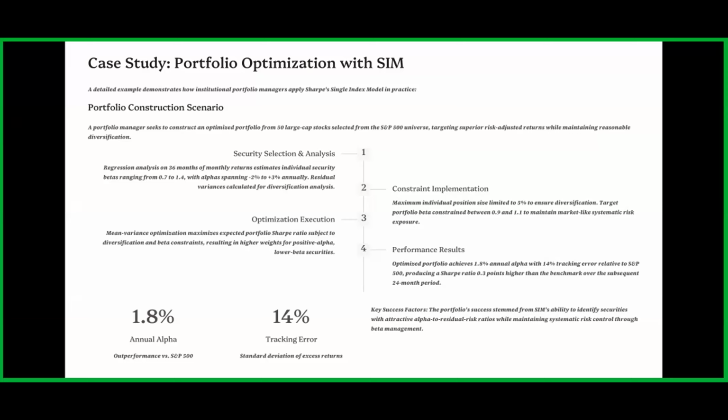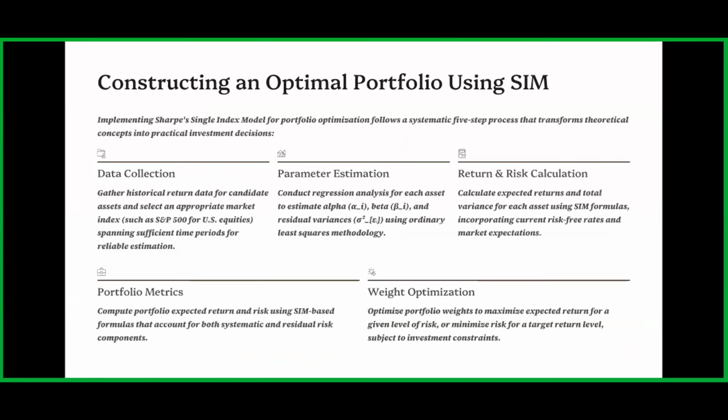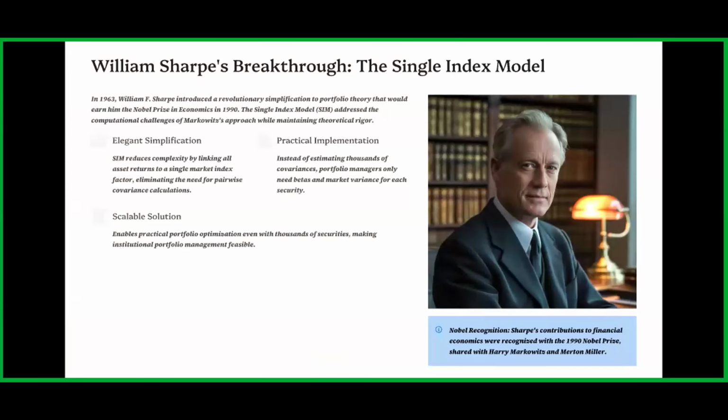Okay, so how can we easily get the optimum portfolio options, optimum investment options? Okay, so then Sharpe comes with this theory, and this theory is the single index model theory.